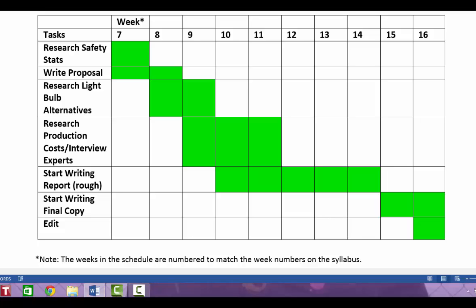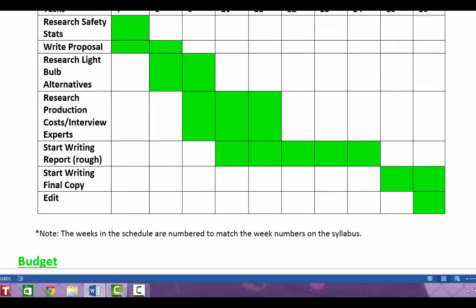He has clear, specific tasks: research safety stats, write proposal, research light bulb alternatives, research production costs. You see that he's decided exactly what he needs to research. He's figured out when he needs to complete those different bits of research and when he should work on creating the proposal, revising the proposal, proofreading and editing the proposal.